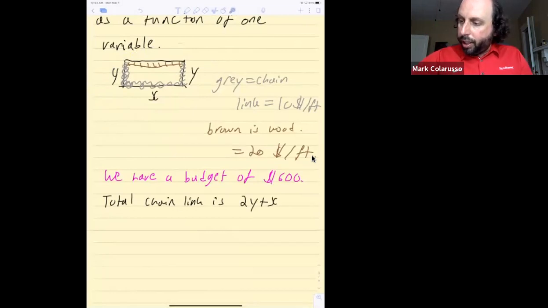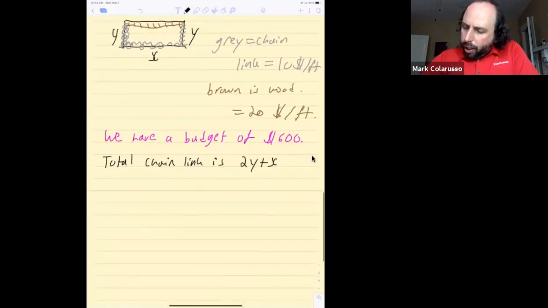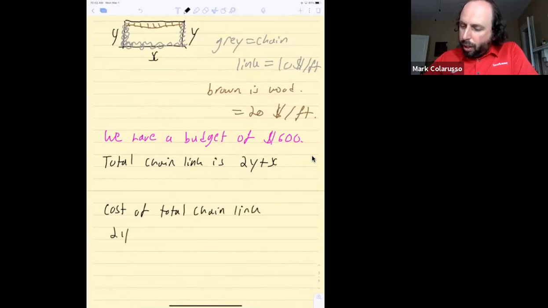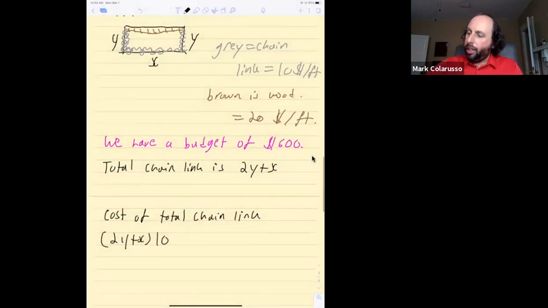The chain link is this side, this side, this side, that's 2y plus x feet. Chain link is $10 per foot. So the total chain link cost is (2y plus x) times 10. I'll clean this up a bit.